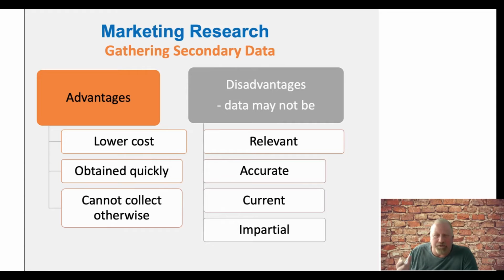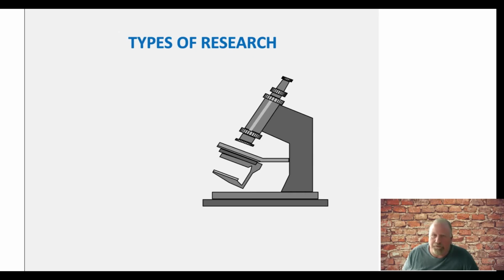So although there are some advantages, there are also disadvantages to using secondary data. When it's possible, we like to try to get primary information, but if we use secondary data, we have to make sure that information is very good, relevant and clear. So we have to assess with full knowledge the advantages and disadvantages of the information that we're working with.